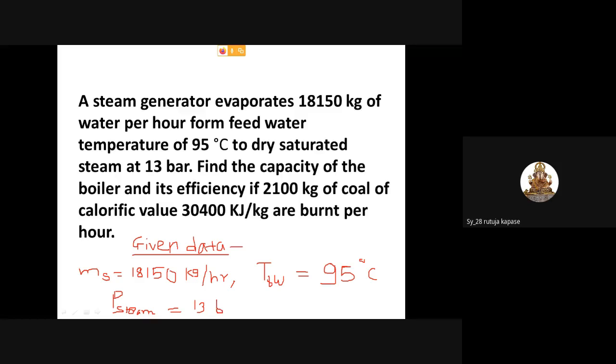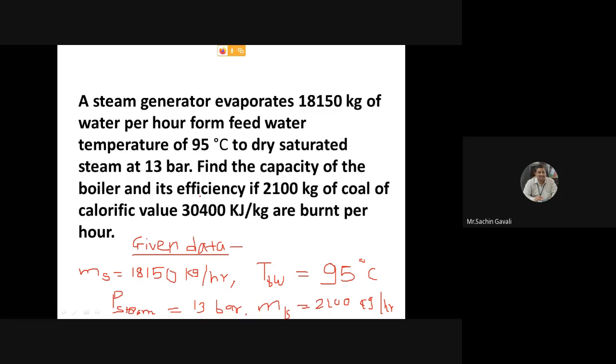mf is 2100 kg per hour. Coal burnt per hour, therefore kg per hour.